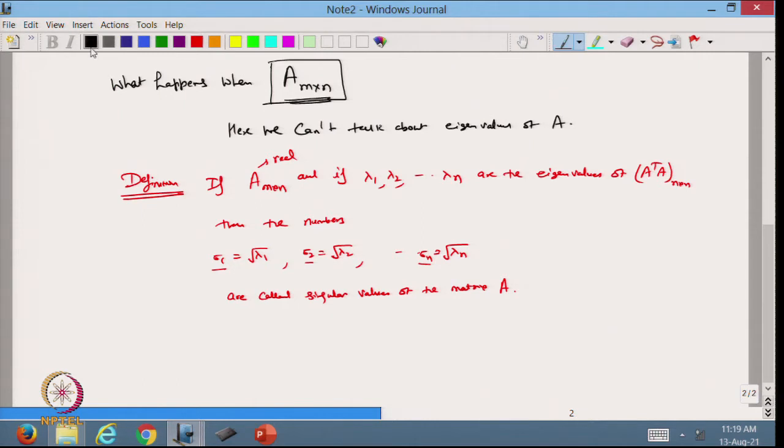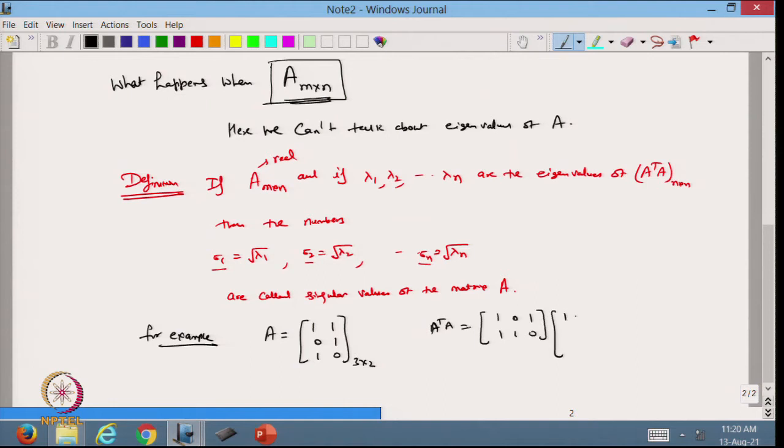Now, for example, suppose I take the matrix A as 1 1, 0 1, 1 0. So, this is my 3 cross 2 matrix. Then I will take A transpose A, which is 1 0 1, 1 1 0 times 1 1, 0 1, 1 0.